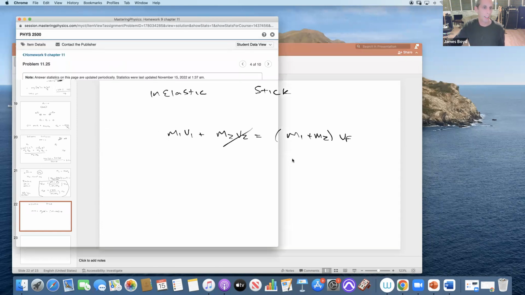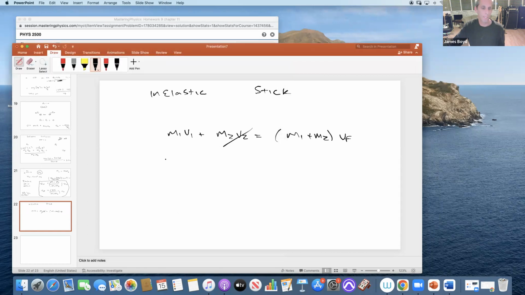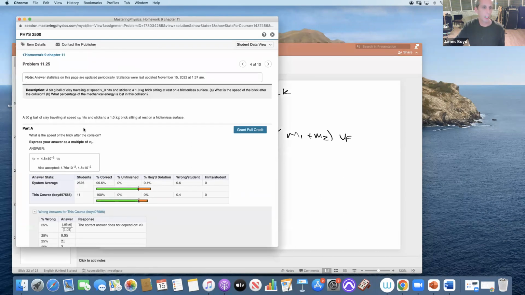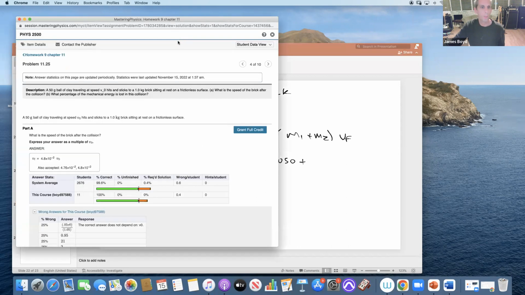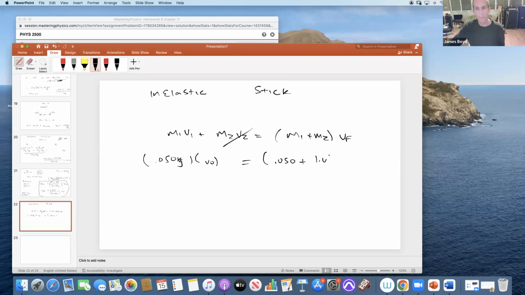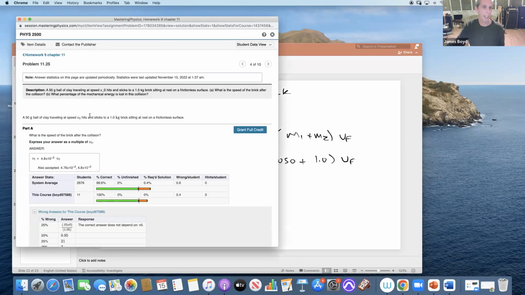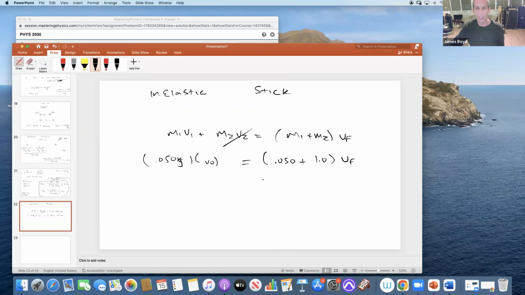50 grams, let's put that in kilograms. So 0.05, and it was moving at V naught. So this is 0.050 V naught plus 1.0 V final. And they ask us, what is the speed as a multiple of V naught?